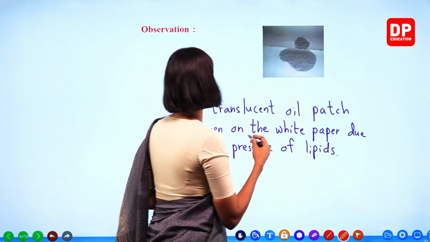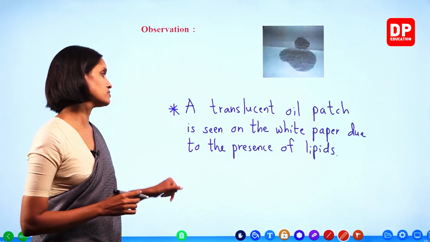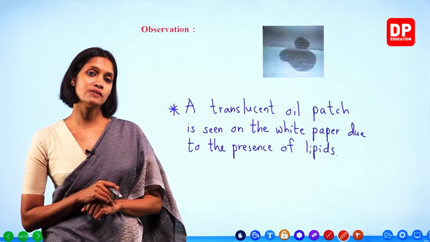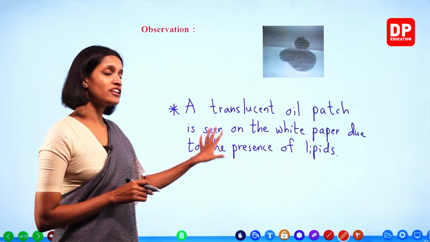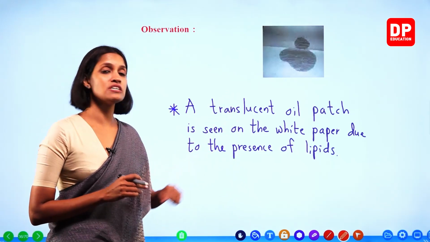A translucent oil patch is seen on the white paper due to the presence of lipids. Okay, children? So in this grade, to identify lipids, this is the activity we are going to do.